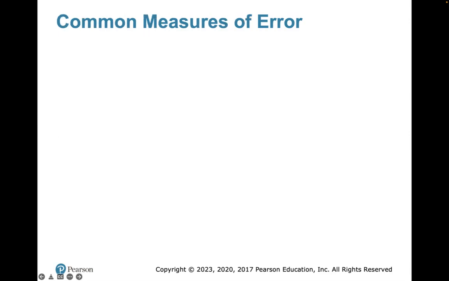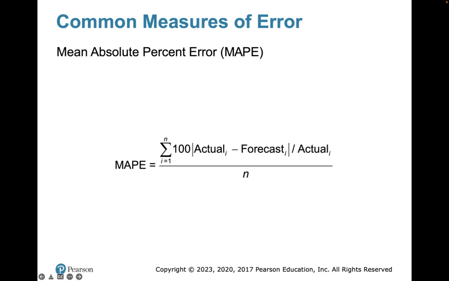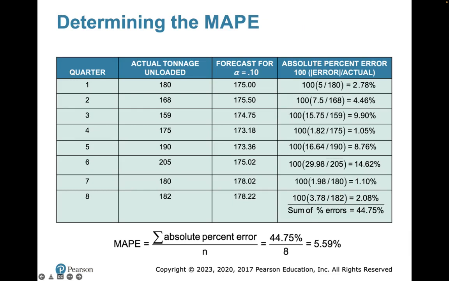So what do we mean by this mathematically? Here is the formula. You're just taking the difference, which is the actual minus the forecast. You're dividing it by the actual, divided by the number of periods. And that's just going to give you a nice percent. So here is an example of using that MAPE to determine your forecast accuracy.